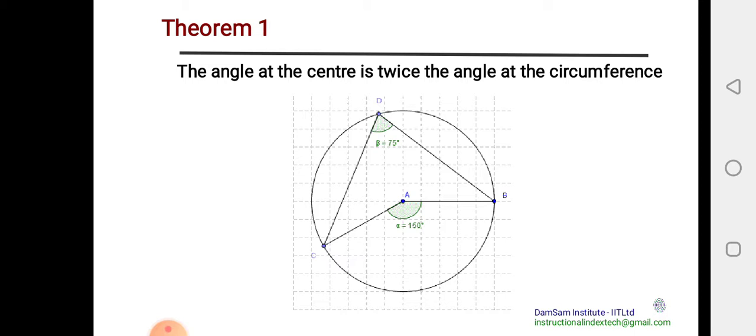The angle at the center, point A, is 150, for instance. So half of that is what is at point D at the circumference. Or we say it the other way: twice the angle at point D is equal to the one at the center. 75 times 2 is 150. That is the first theorem that we have.